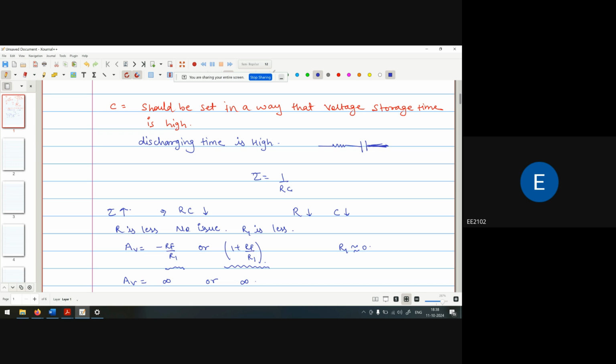So the condition is that R value should be 0, but ideally R is not equal to 0, and the reason for this is that the gain is infinite.